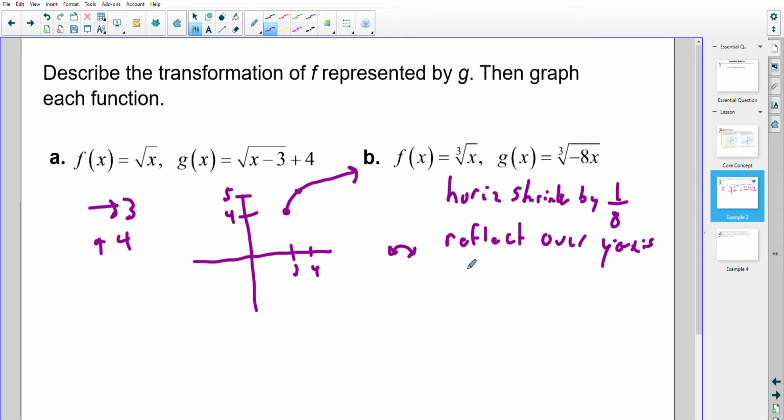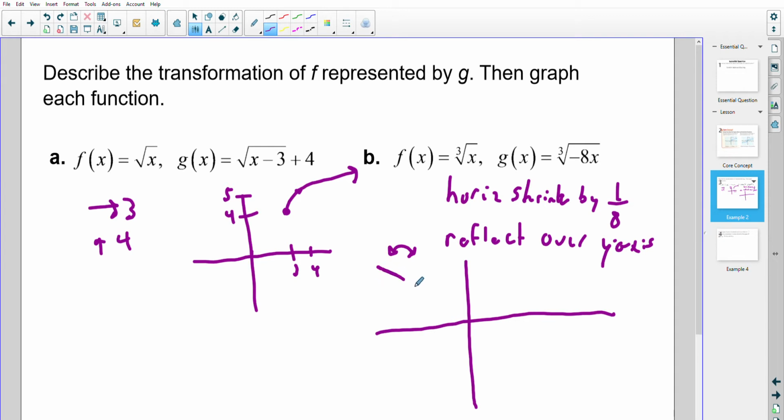So now we're going to try to graph this. So the normal graph looks like this. And now we've got to reflect it over the y-axis, which means it's going to come like this, and it's going to be a lot wider from the horizontal axis. So it's going to come up like this and come down, and that's not good enough. Let's see if this can be any better.